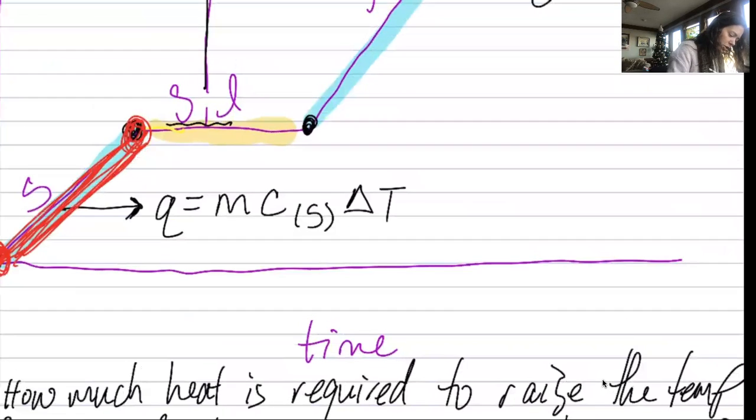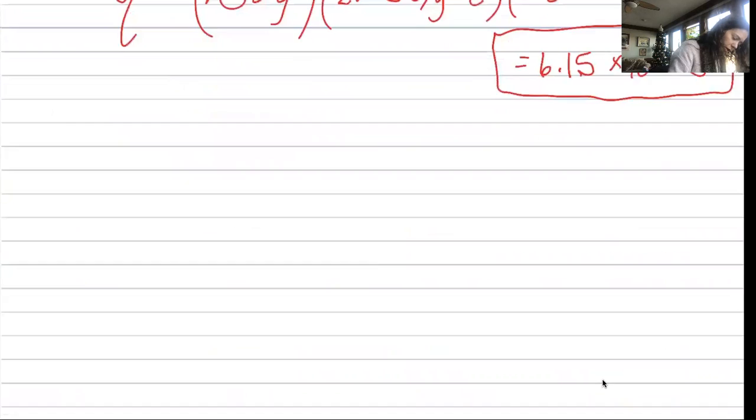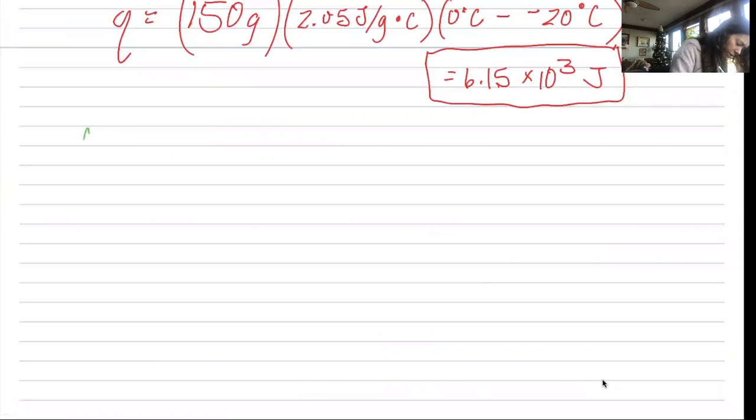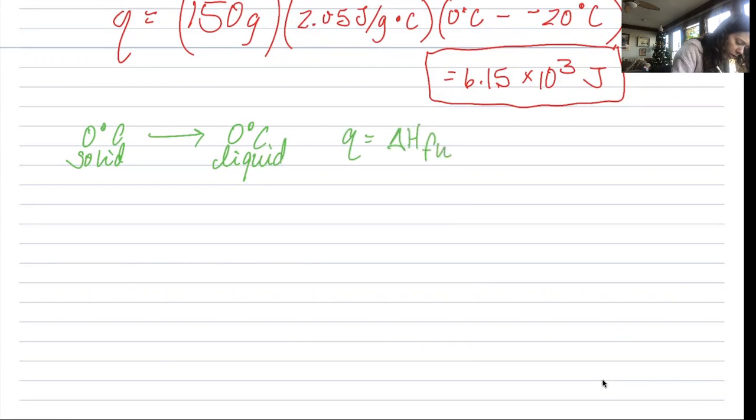We now need to melt the ice. We need to get from solid to only liquid. So we've got to take our 0 degrees Celsius solid to a 0 degrees Celsius liquid. And that's going to be Q equals delta H fusion times the number of moles. Well, we've got 150 grams of H2O.